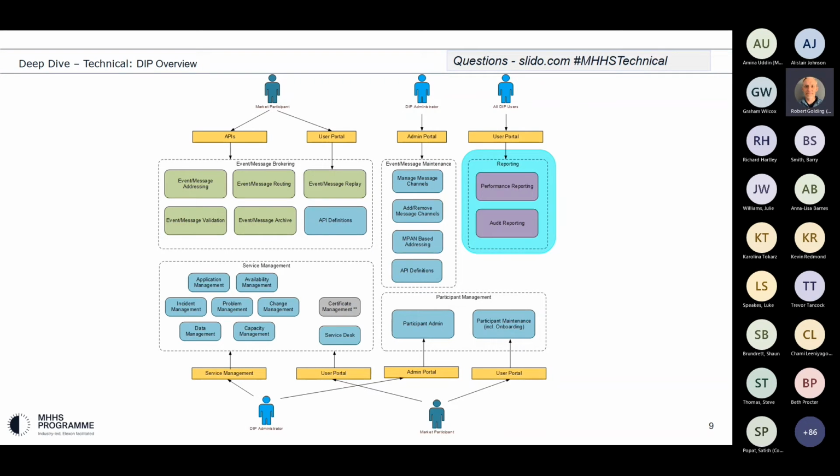Then we have a reporting capability which will allow DIP users to analyze the performance of the DIP, how message channels are performing, what the message throughputs are, etc., and also give them auditability around the different message flows as well. And lastly, we have a capability for participant management for both the DIP administrator and market participants, to provide them with the correct access and capabilities when interacting with the DIP.